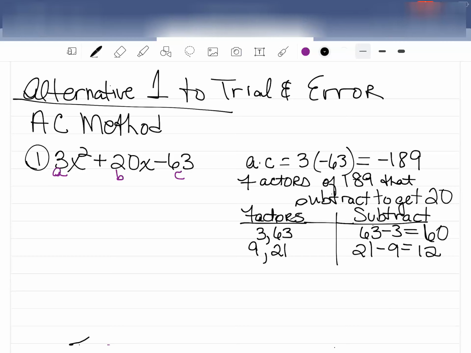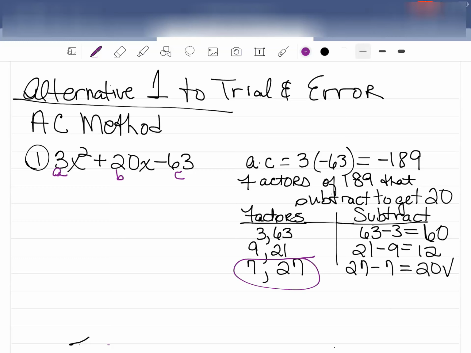So now I have to try something else. Well, 21, there's a 7 in there, so 7 should work with the 189. And 7 times 27, that's going to give me my 189. And then when I subtract, I'll get my 20. So the factors that I want to use are 7 and 27.